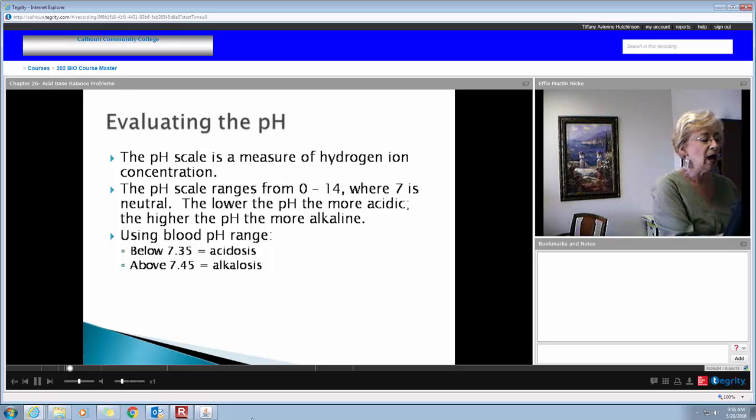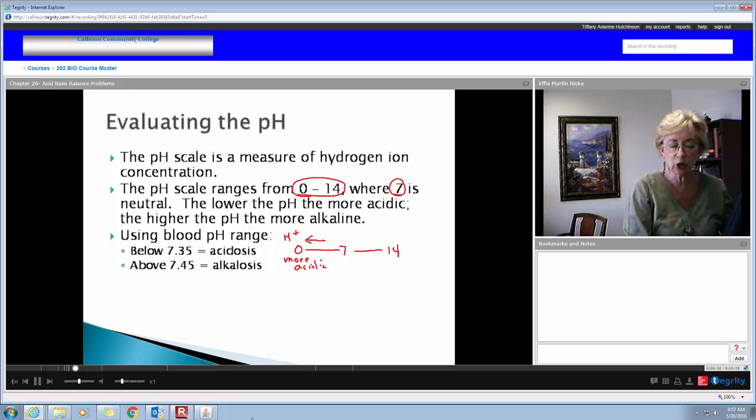All right. So the pH scale ranges from 0 to 14, where 7 is neutral. And the numbering system from 0 to 7 to 14, the lower the number, the more hydrogen ions are released, and therefore the more acidic the solution is that you're testing.